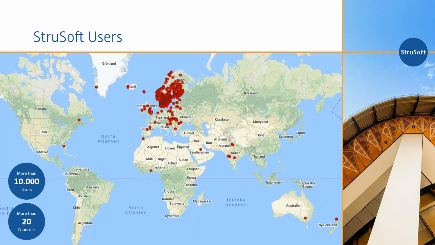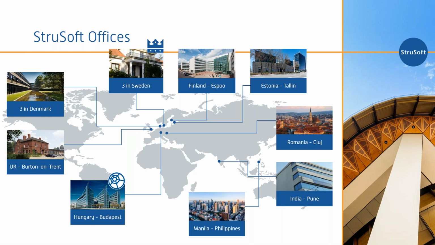We have users all across the world, with a high concentration in Europe and Scandinavia. And we have offices around the world, with the headquarters in Sweden, Malmo, 3 offices in Denmark, and our latest office in Finland.